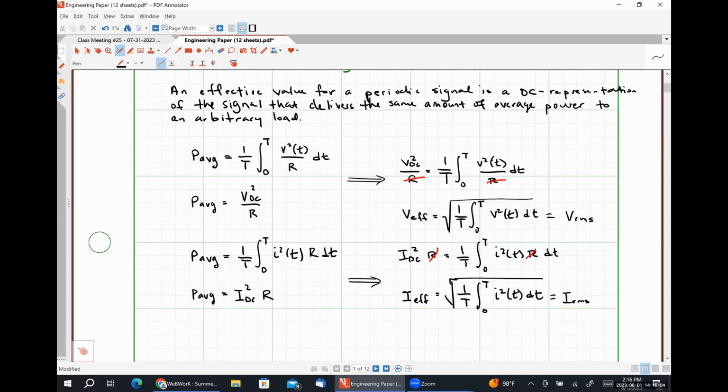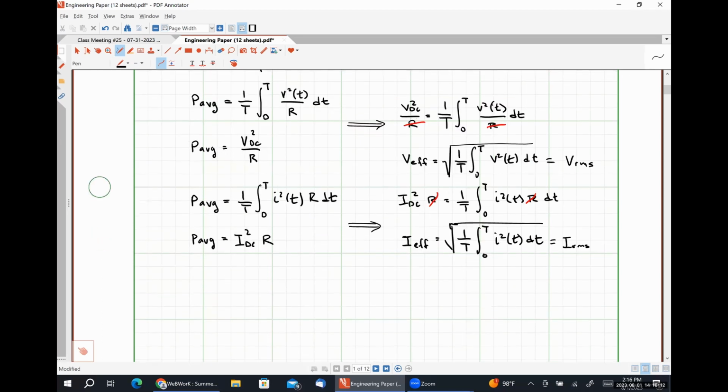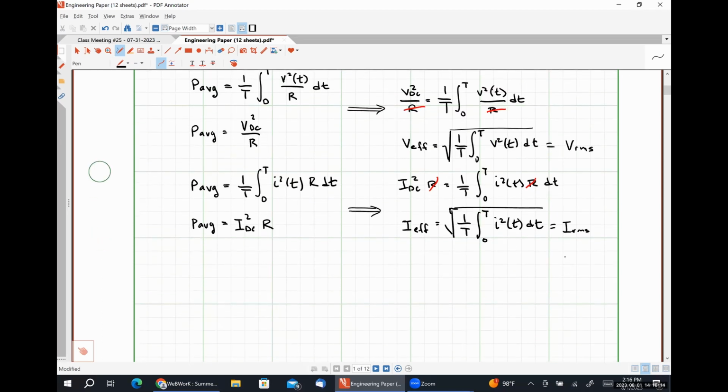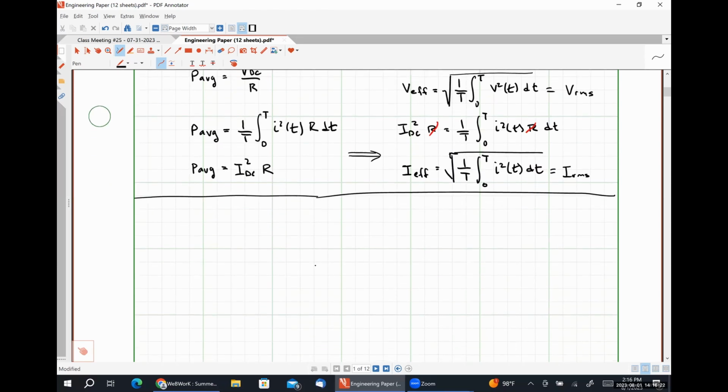All right, so let's put this expression into practice for a few examples of periodic waveforms. Let's say that I have a function. Let's make it a voltage function just for the sake of argument.